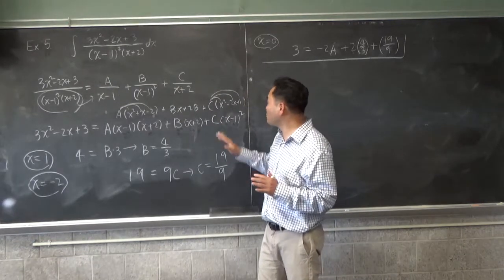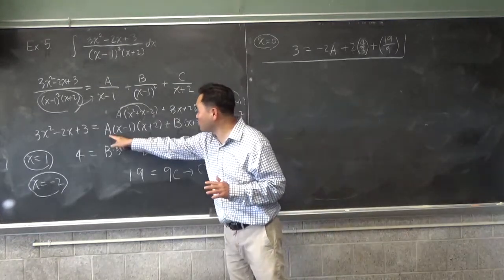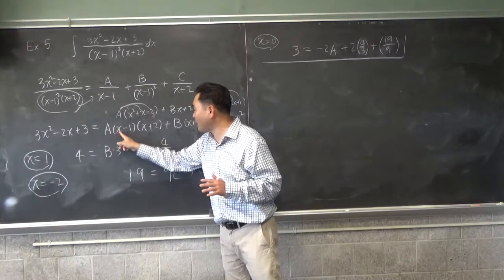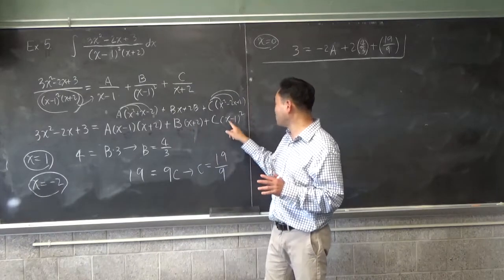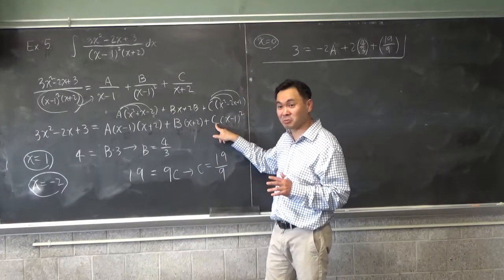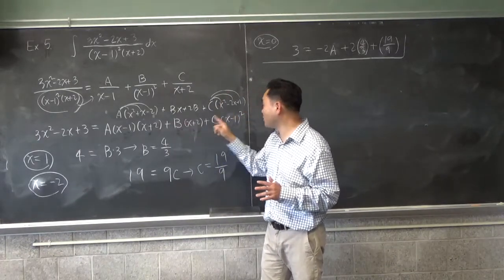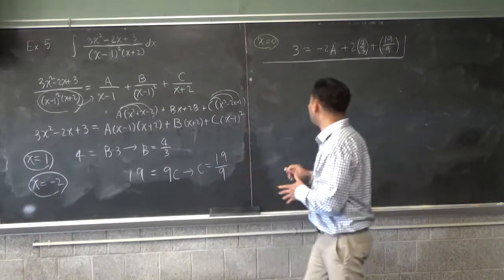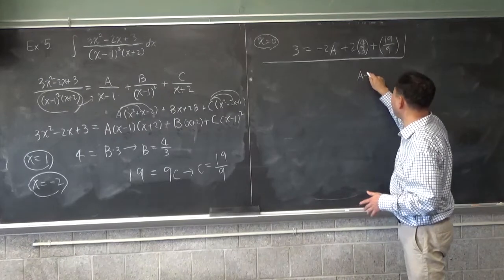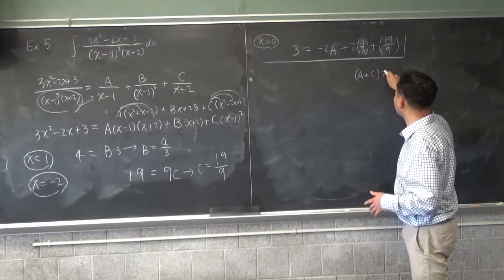And by the way, you didn't really have to write this down to know that. You could just say, oh, a times x times x, that'll be ax squared. This wouldn't create any x squared. This will be x squared, and then c will be multiplied. So you get ax squared and cx squared. On the right side, the x squared term would be a plus c times x squared.